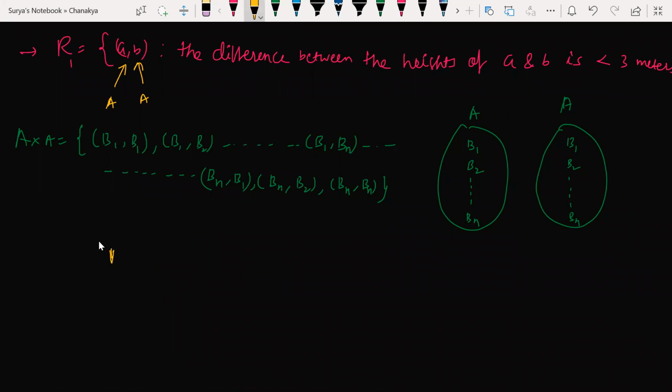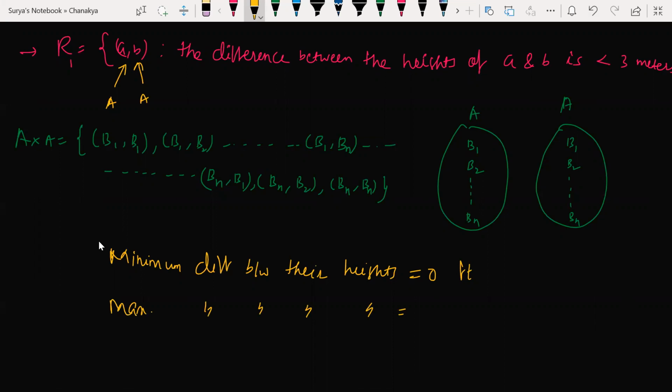So the minimum difference between their heights is equal to what? 0 meters. Okay, you said 0 feet. The maximum difference could be what? Any two you take.